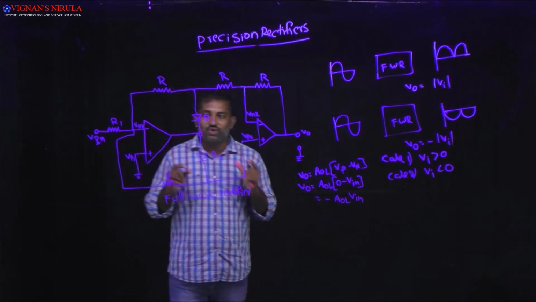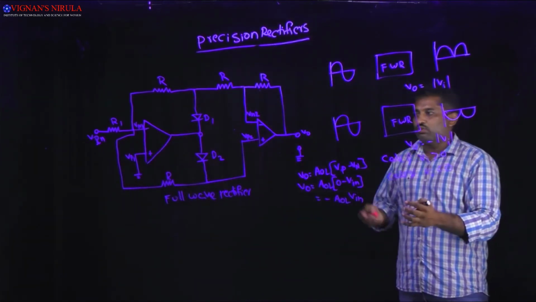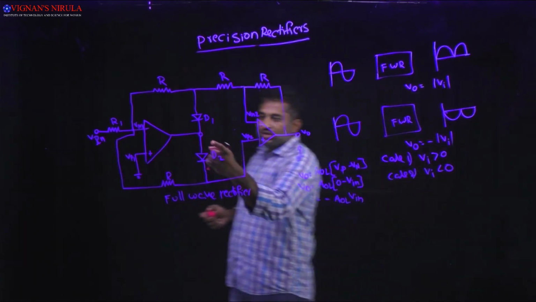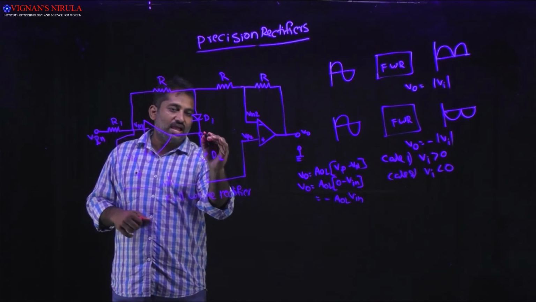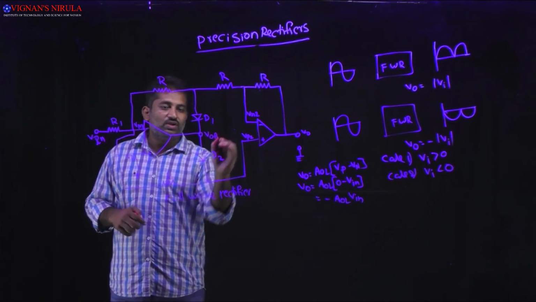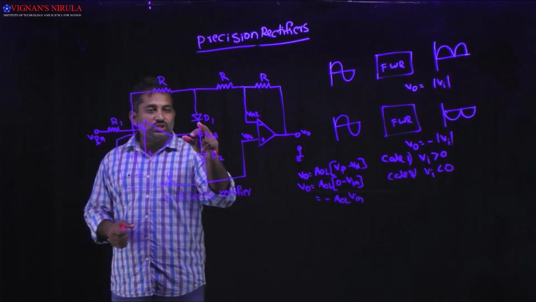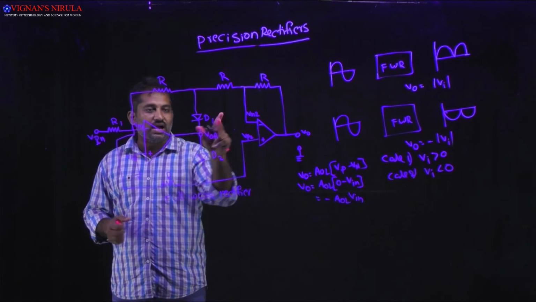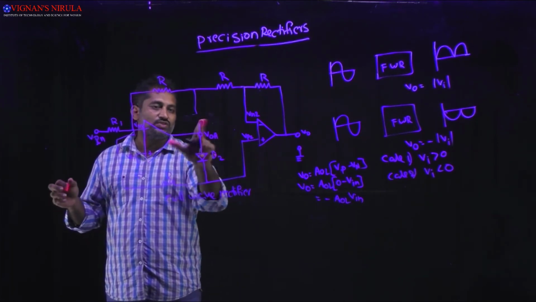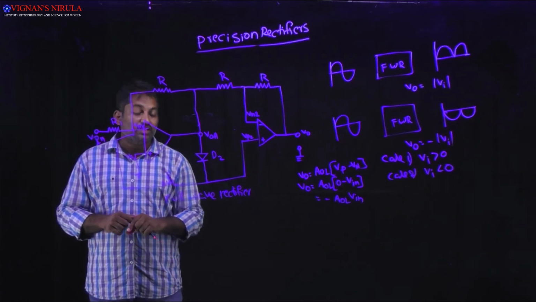That means when you apply the input as a positive wave, you will get a high negative wave at the output side. Here I am treating it as V naught A, which will be a very high negative value. D1 will be conducting and acts as a closed switch in this case, and D2 will be off.